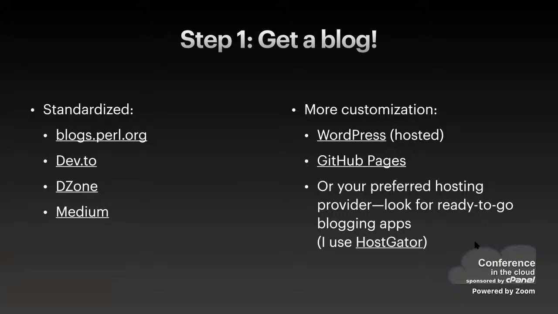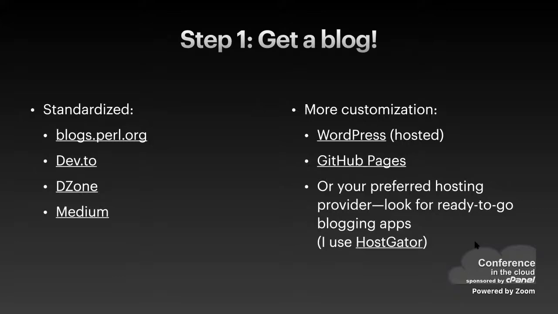And there's Medium, which is another blogging writing site. It has a really nice interface for typing in your articles. If you want to do more customization, if you want a blog to reflect your own tastes, your own look, WordPress is a piece of software, but they also have a site at wordpress.com where you can host your own blog.